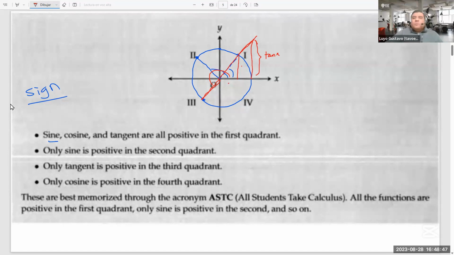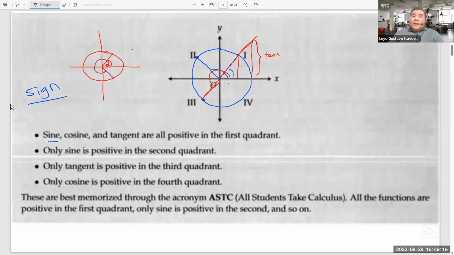And what about the cosine? In the fourth quadrant, the cosine is always positive, as in the first quadrant and in the fourth quadrant. Why? Because when you have the cosine, imagine you have this angle here, alpha, and you have another angle beta, like this.